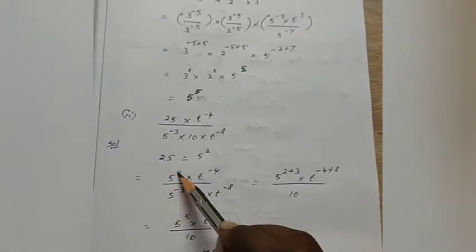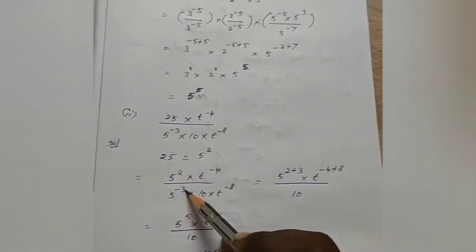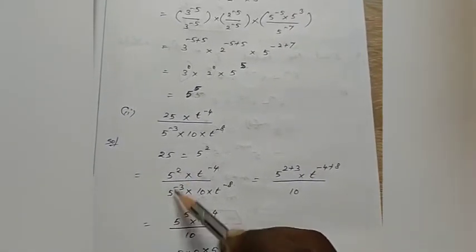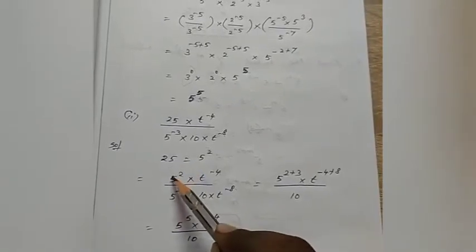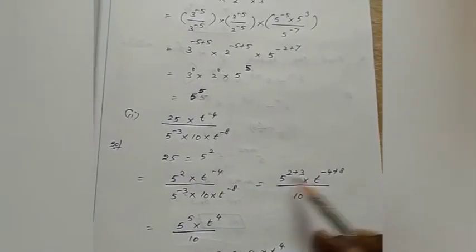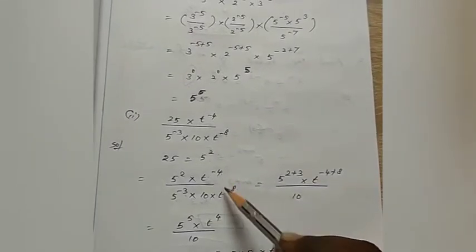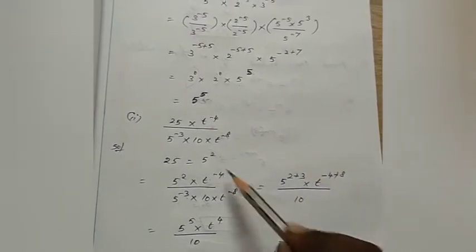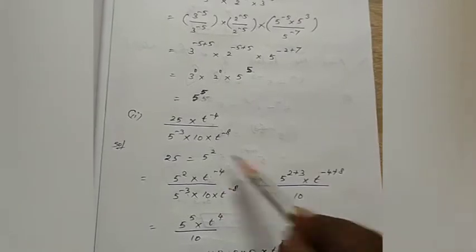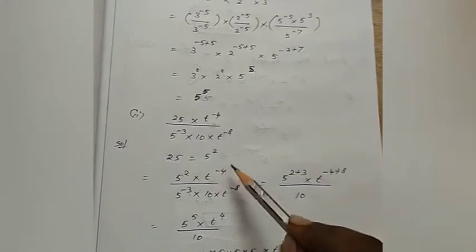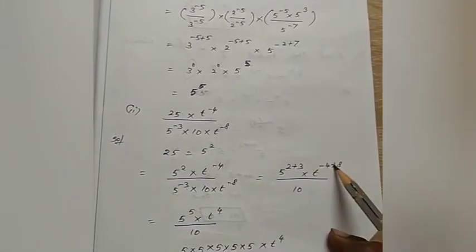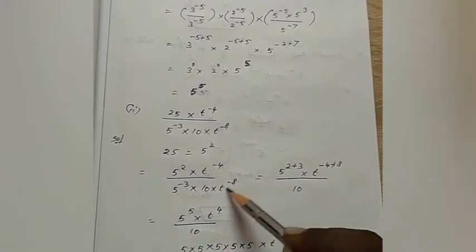So here 5 power 2, here 5 power minus 3. The bases are same, it is a division, subtract the power. So 5 power 2 minus into minus plus 3, into t power minus 4 divided by t power minus 8. The bases are same, divide, subtract the power, so t power minus 4 minus into minus plus 8, whole divided by 10.